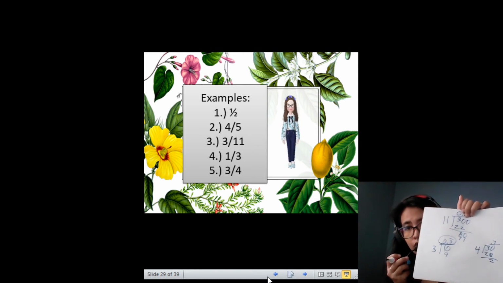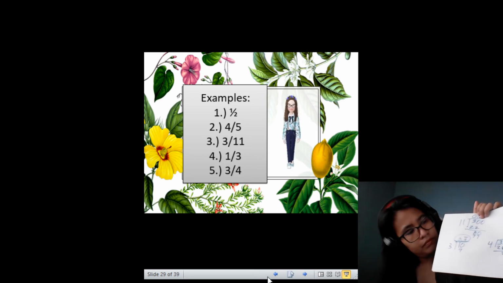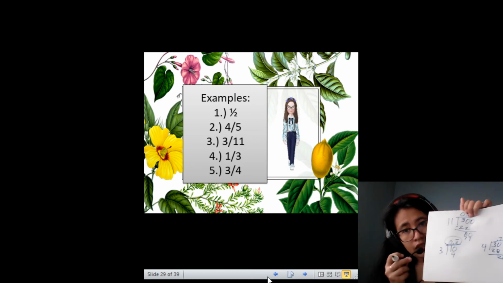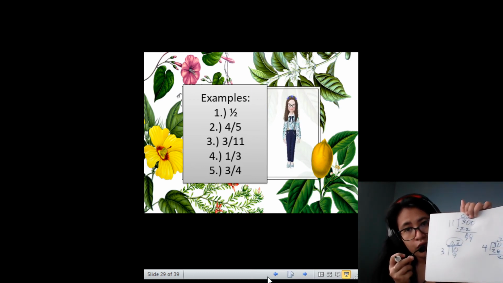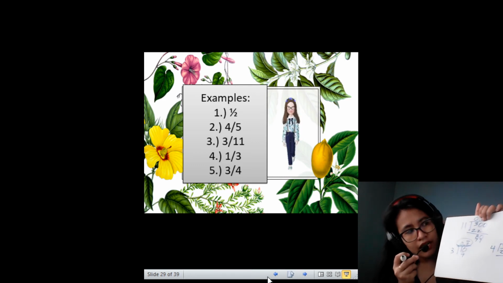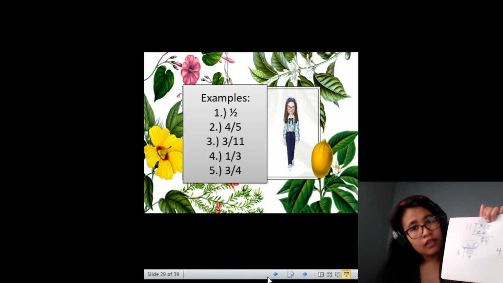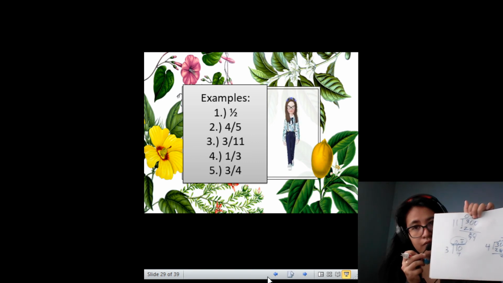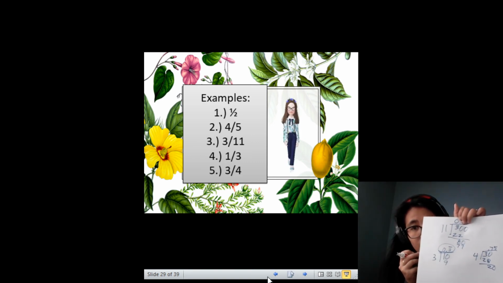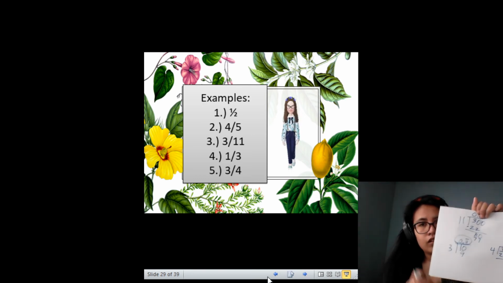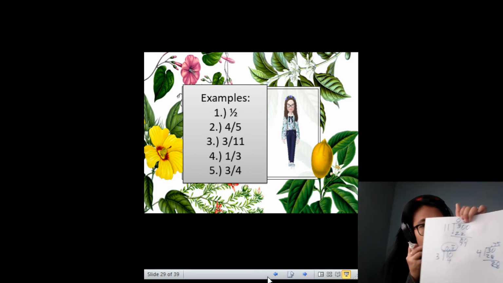After 30 minus 28, you have 2. Add another 0 on the 2, then divide it again by 4. So you have 5. Put it on top beside the 7. As you can see, 5 times 4 is 20, and 20 minus 20 is 0.